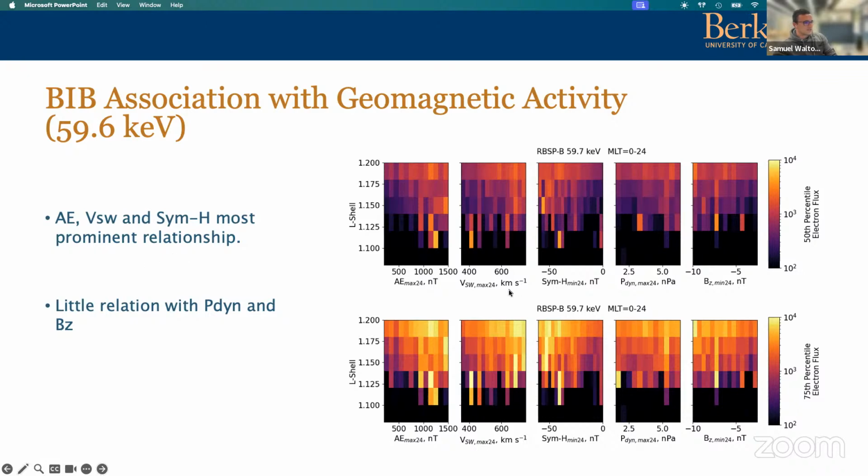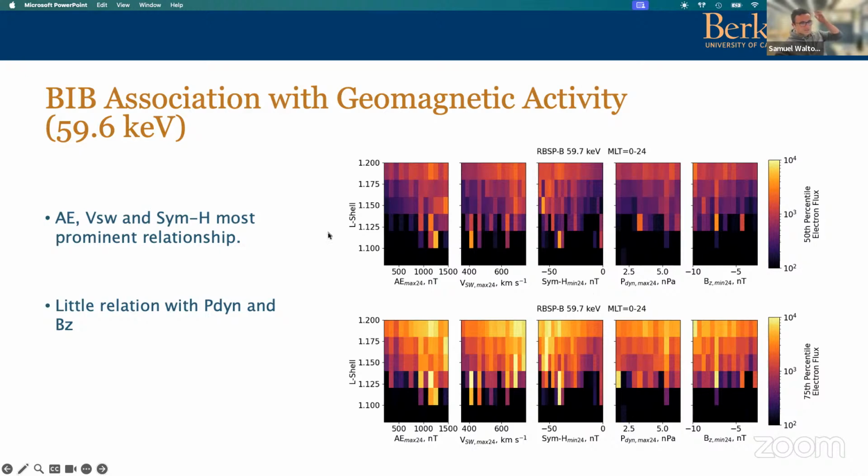So we plotted the median flux below L of 1.2, not forgetting, in our top 1 to 10% distribution, as a function of L shell and AE, solar wind speed, SYM-H, dynamic pressure, and Bz. Also these values as a maximum in the last 24 hours: maximum AE in the past 24 hours, maximum solar wind speed, minimum SYM-H, and so on.